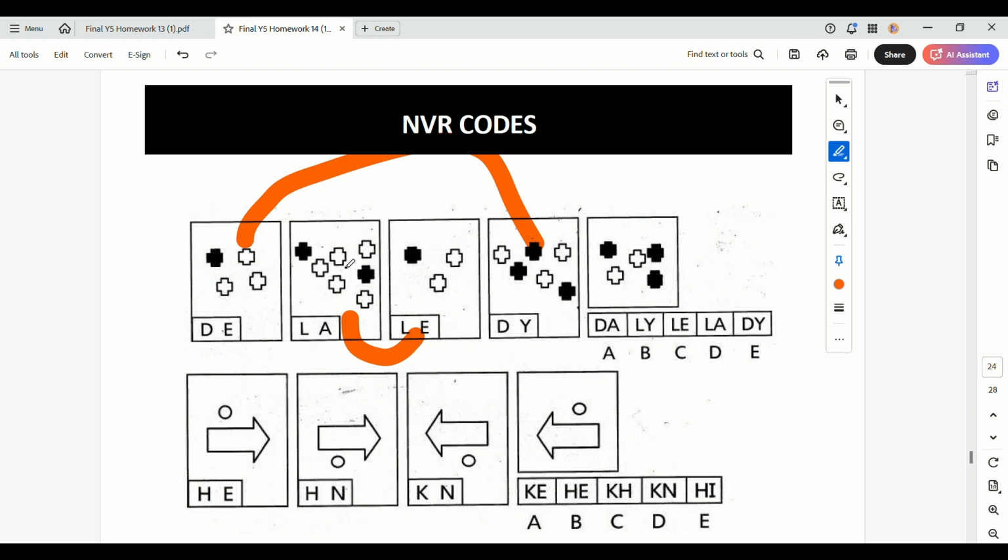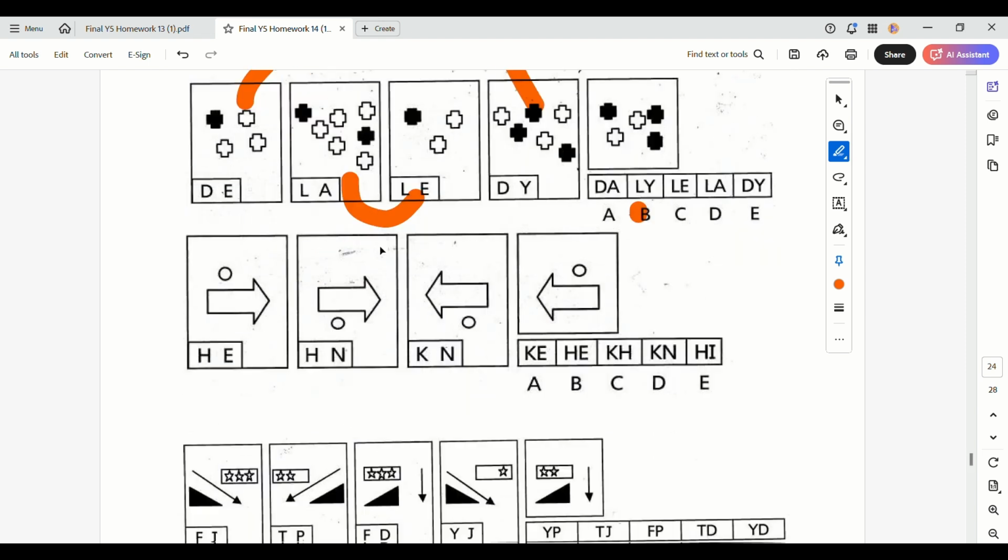So 1, 2, 3, 4, 5, 6, 7. 1, 2, 3. These are odd. So L means an odd number of these, whereas D means an even. So you can see 6 compared to 4. This is odd, so it's going to start with L and end with Y because it has 3. Option B. Okay. Think about different properties if you can't think of it. Think about numbers, etc. So you can see it's odd and even.